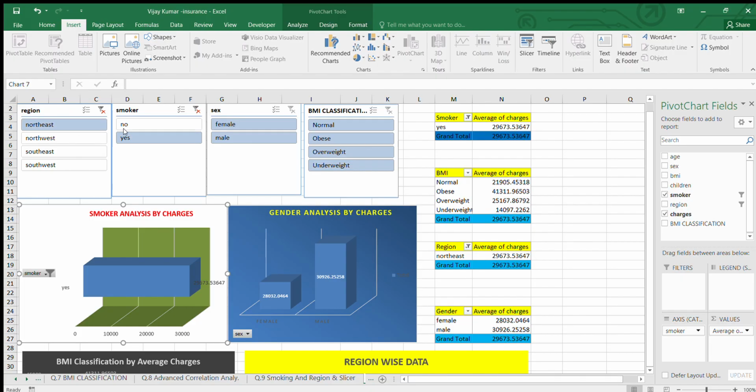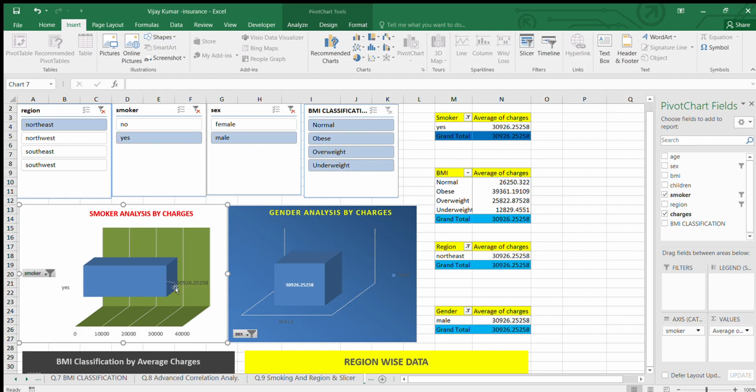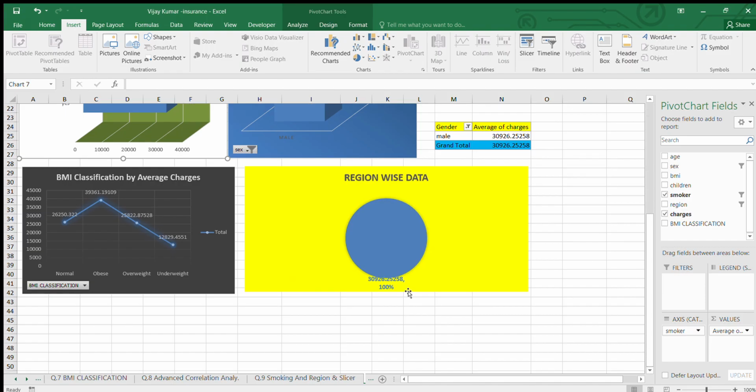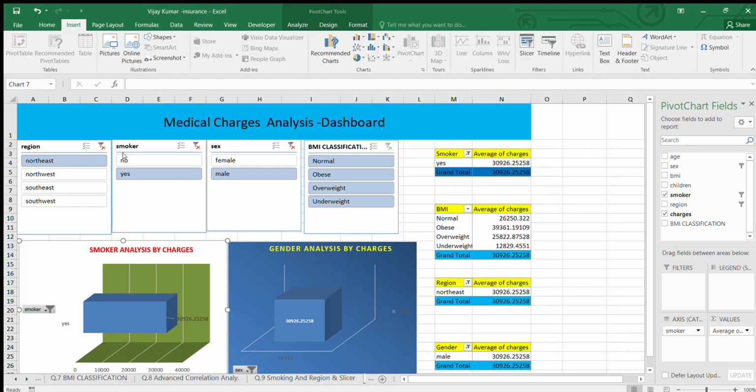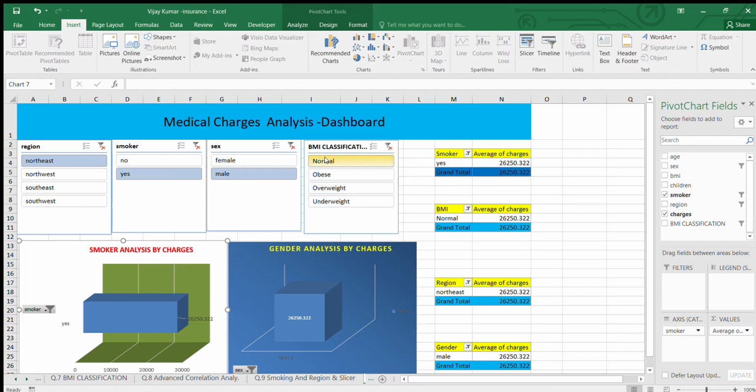So in the northeast region, for a smoker person, for male, this much is the quantity, 30,926, and I can say 100% 30,926 region wide data, and this is 30,936. So here all the calculations have been given. If I calculate the normal, this much is 26,250.